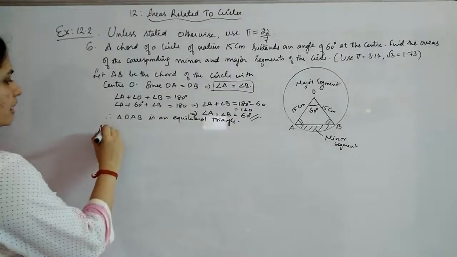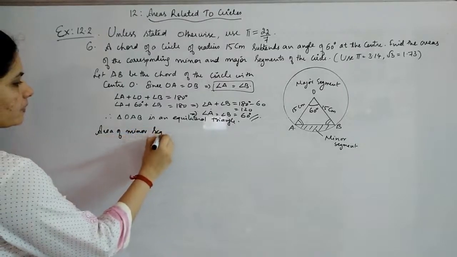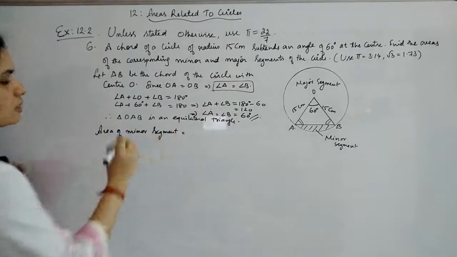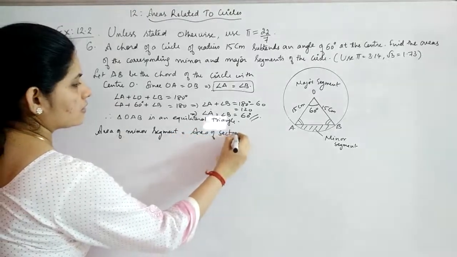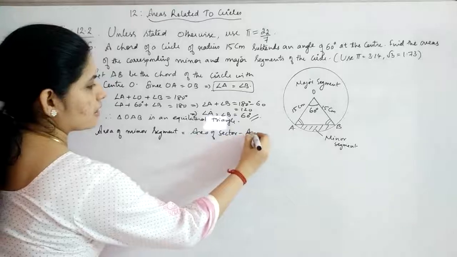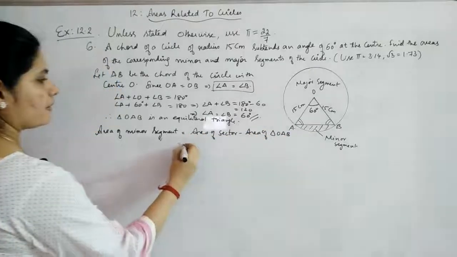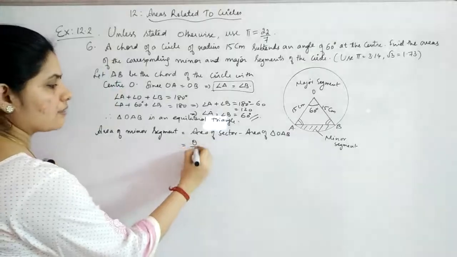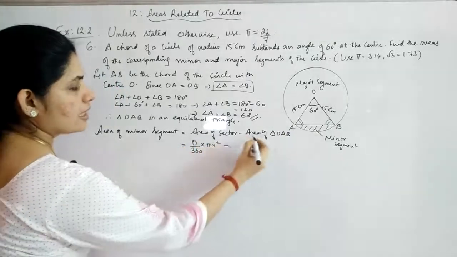Now area of minor segment is equal to area of the minor sector minus area of triangle OAB. Area of sector is theta by 360 into pi r square, minus area of triangle.